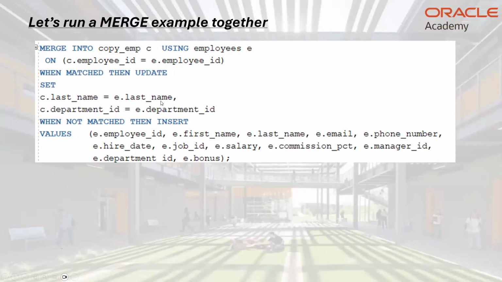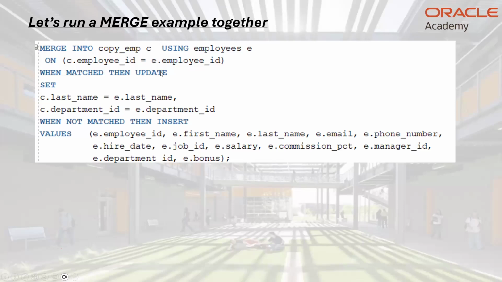Remember, we changed Shelley Higgins' last name to Cotton. Then we set the department ID equal to the department ID. And when it's not matched, we're going to create a new record in the copy employees table.